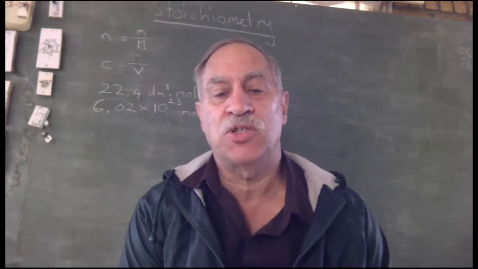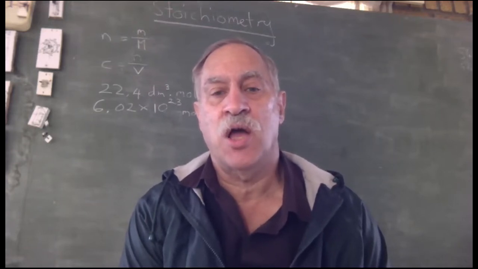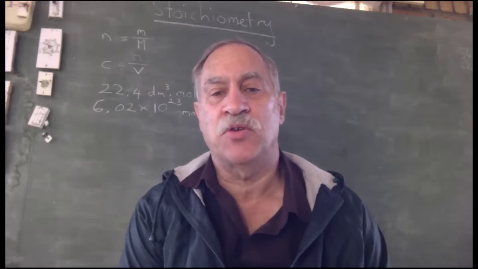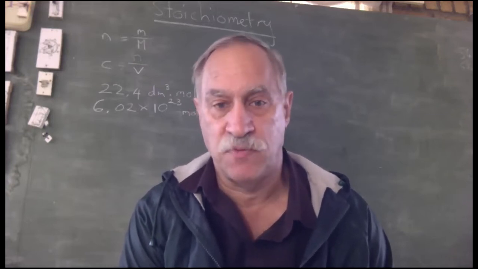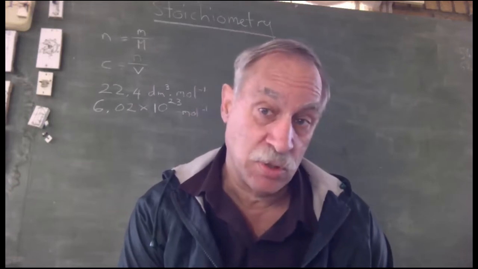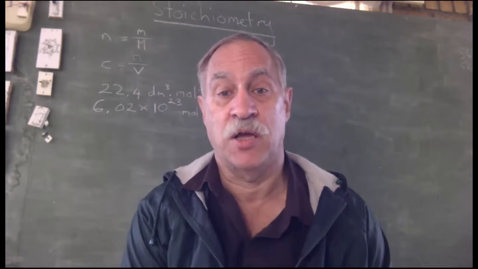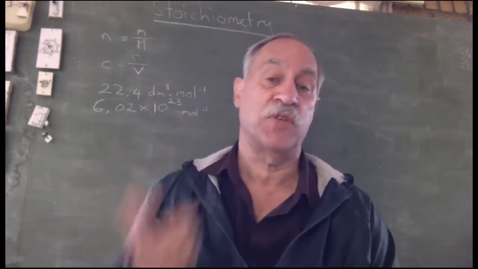The molar mass is if you go to your periodic table and look at the atomic mass number and put it in grams, that's the molar mass. So if the molar mass of carbon is 12, and you've got 6 grams of carbon, you've got half a mole. You put the mass, which is 6 grams, over the molar mass, which is 12, and you get half a mole.